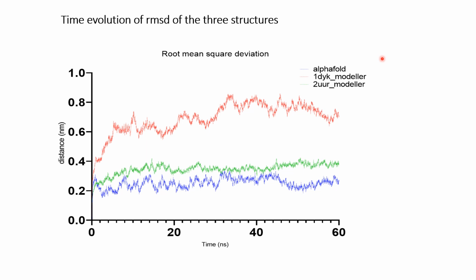Among the three structures, the RMSD found from AlphaFold 2 is the lowest, which is 0.23. And the highest was found from the 1GYK-based template, which is 0.69 nanometer, and the template 2UUR gave us an average RMSD value of 0.35.